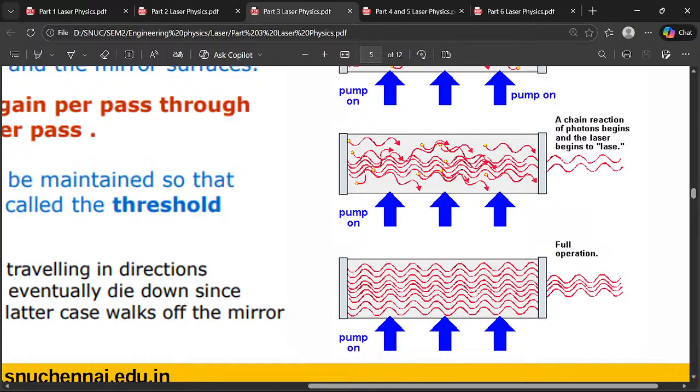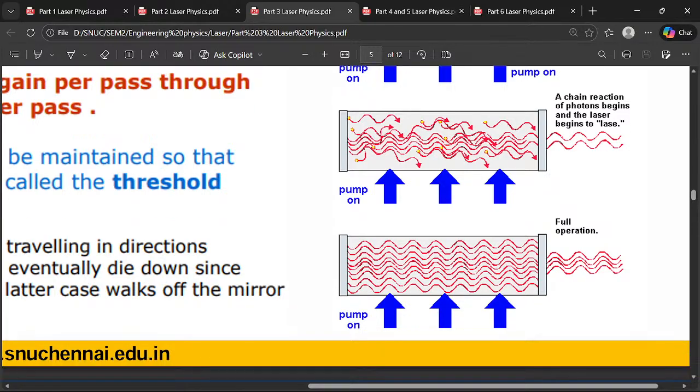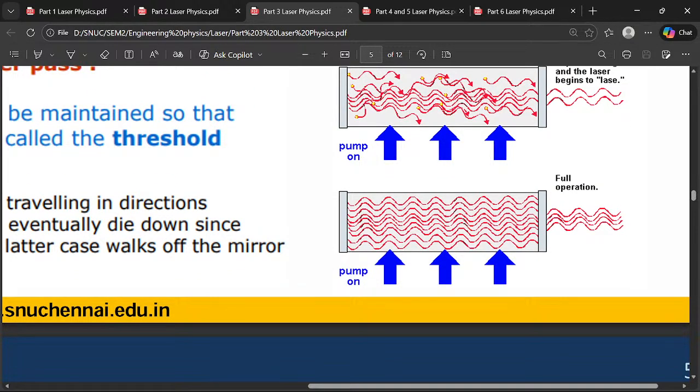With that, the lasing action starts, and when it reaches the threshold population inversion, all of them are in the same coherence, which gives the coherent laser out of that cavity.